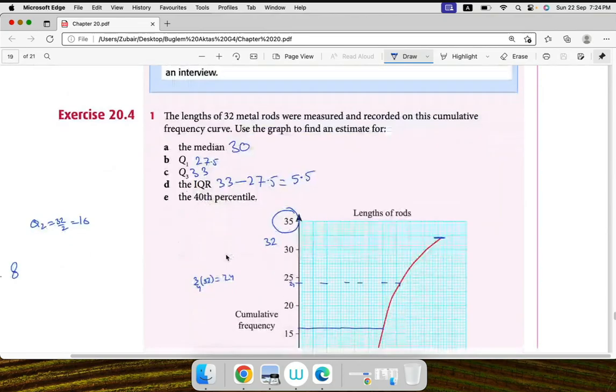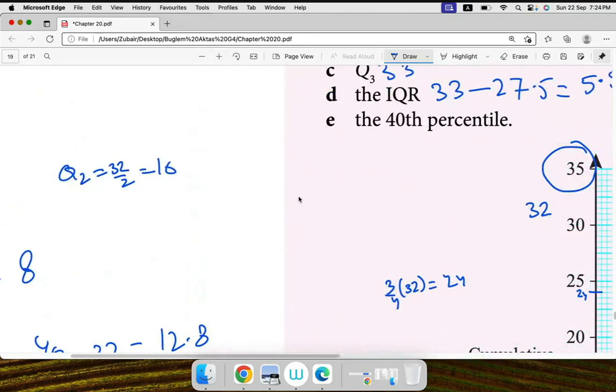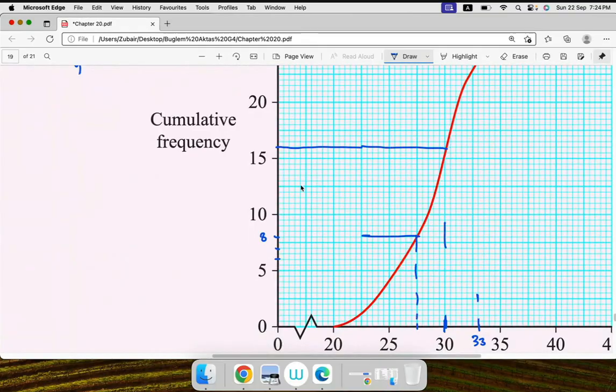And the 40th percentile is 40% of 32, which is 12.8, on the y-axis. So this is 10, that's 11, that's 12, that's 13. A little before that, let's say it strikes a little before this line.